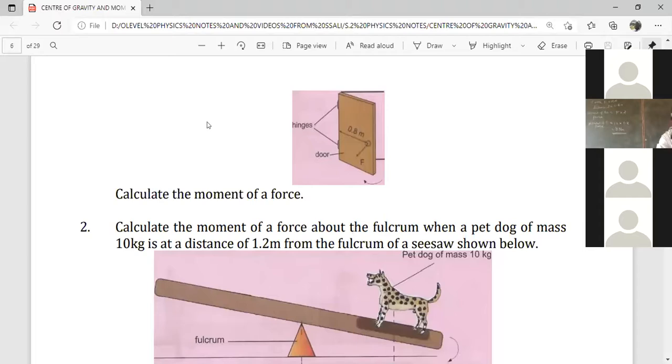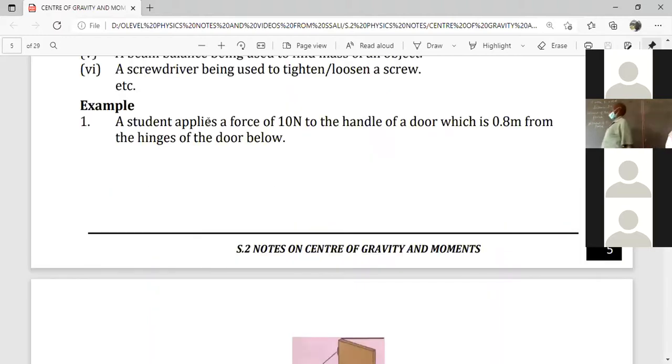Those who have different notes, ignore the diagram, simply copy the question, write the solution, and you move on.